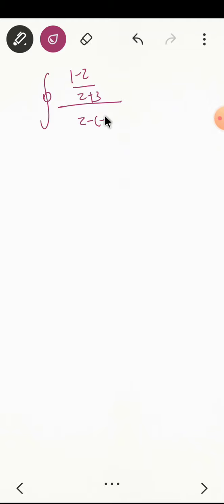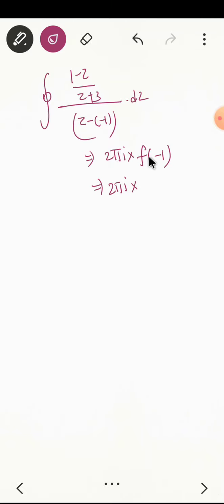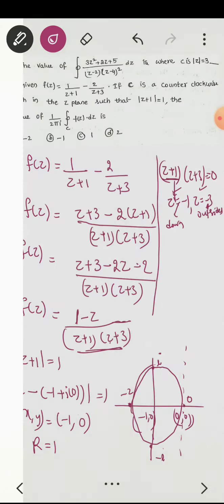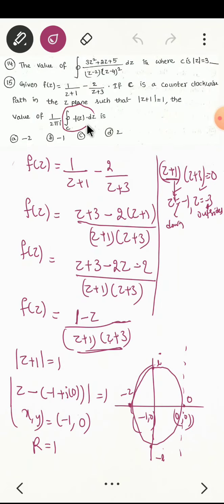Plus 1 can be written as minus of minus 1 into z. Then 2 pi i into f of minus 1. Substitute minus 1 here: 2 by 2, that is 1. So the value of this entire integral is 2 pi i. But they are asking for 1 by 2 pi i into the value of this integral. 1 by 2 pi i and 2 pi i cancel. Option C is correct: 1.